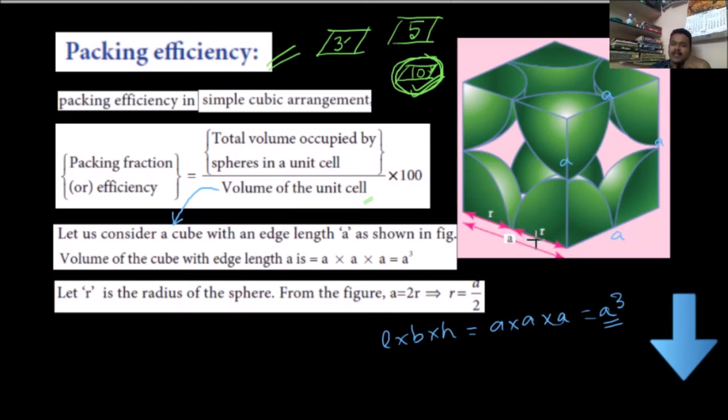So the overall edge a is equal to the sum of the radius of the first sphere and the second sphere, that is r plus r. So a is equal to 2r. If you want r, it is a by 2.